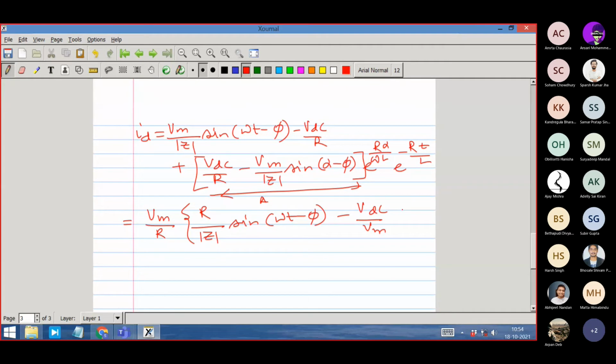So then another, let me put it in third bracket, and this is second bracket: VDC by Vm minus r by Z into sine of alpha minus phi, this is second bracket, into e to the power minus r into omega t minus alpha by omega L. This is third bracket ends. So it's just taken Vm by r into this.